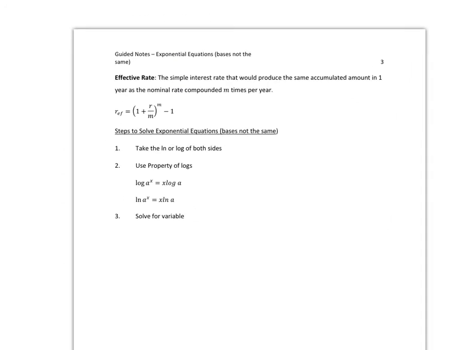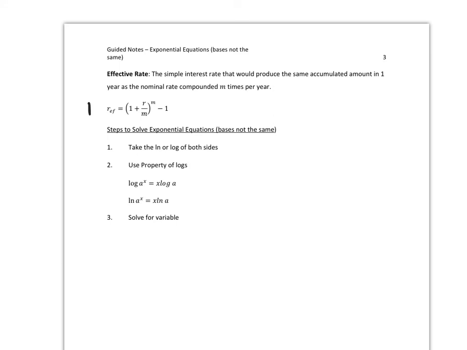Oh, effective rate. Just note this formula. If in your finance class they want to find the effective rate, that's what it is. R is the interest rate, and M, I should have used N, but M is the number of times it's calculated per year.